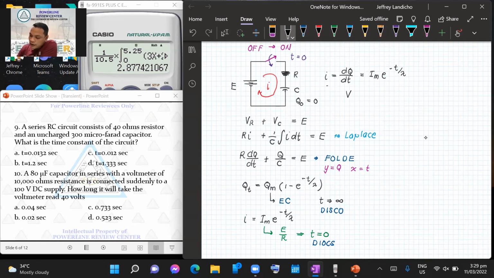Therefore, yung ating V sub R, current times R, so lalabas, source voltage E raised to negative t over lambda.